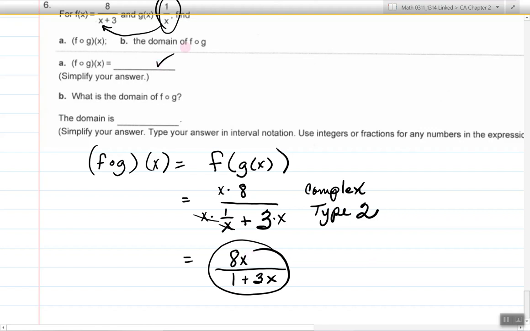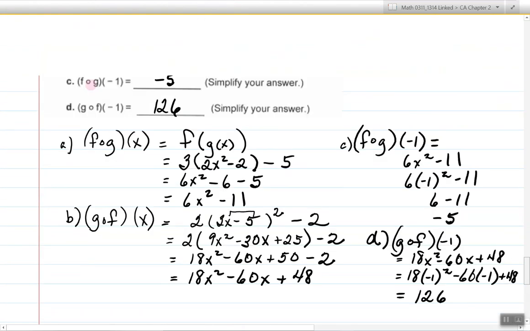Now, the domain. You have to look for exclusions in two places. One of them will obviously be down here, but you have to check exclusions in the original f function, in the original g function. Let's go back up.